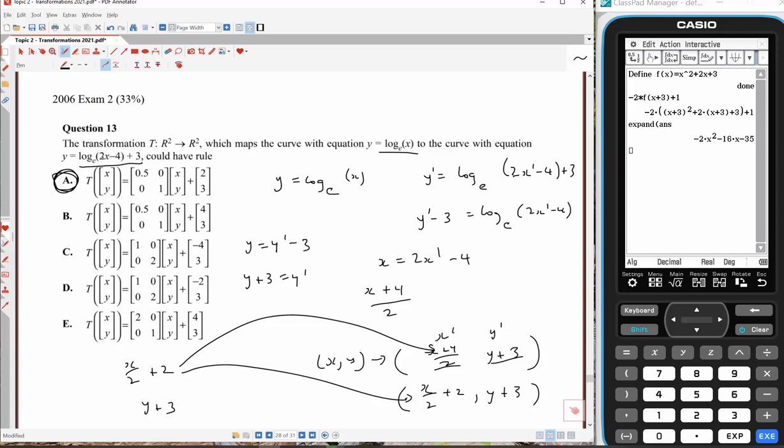Noting that it's interesting, if you try to do that via recognition, I wonder how you'd go. What you could do is get it to single x, so log e 2, x take 2 plus 3, and note that this is a translation, so dilation factor half from y, so that's that, 2 to the right, and 3 up.